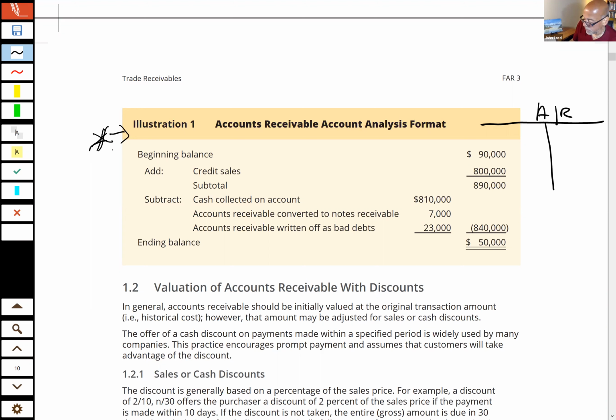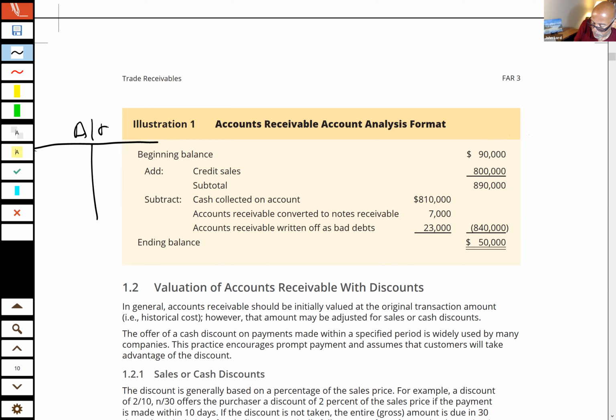I'm not going to do a journal entry, obviously, for the beginning balance, but the beginning balance is 90,000. I'm just going to write that in over here, accounts receivable, with a beginning balance of 90,000. Okay, then they have credit sales of 800,000. So what am I going to do?